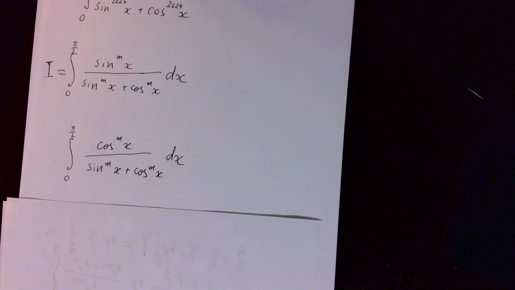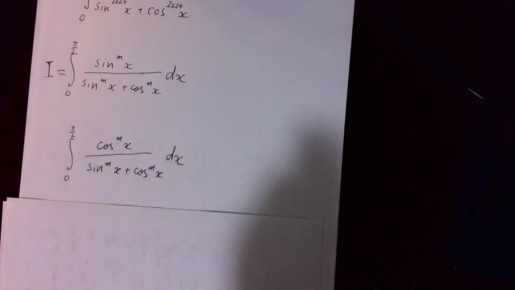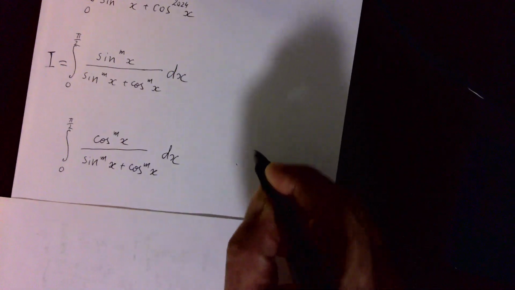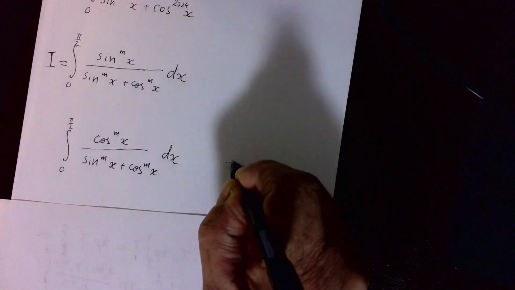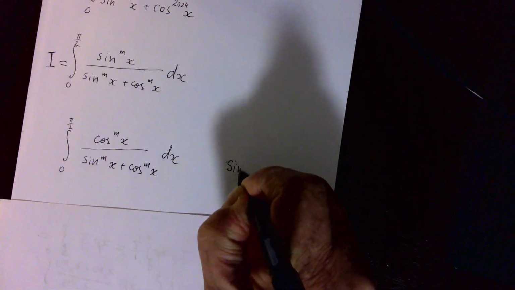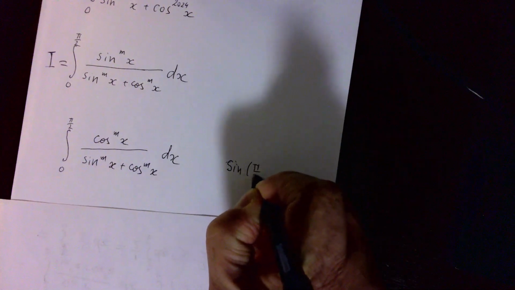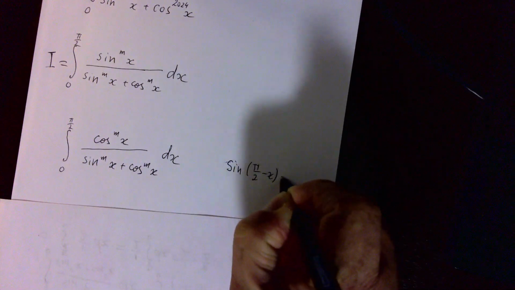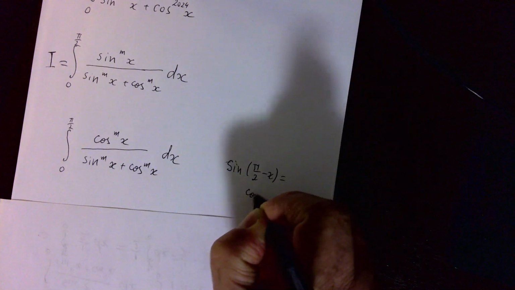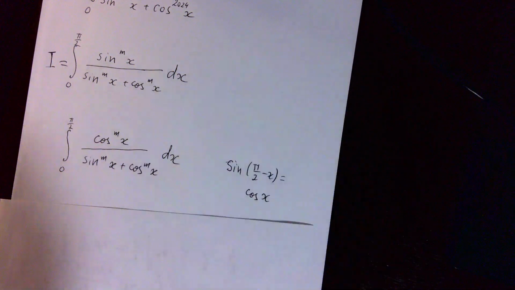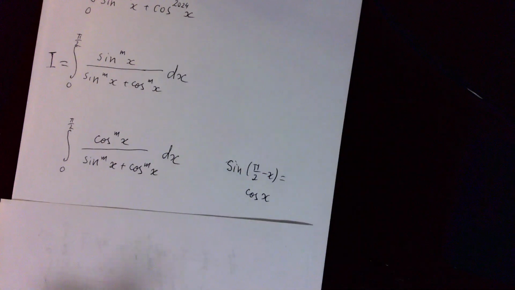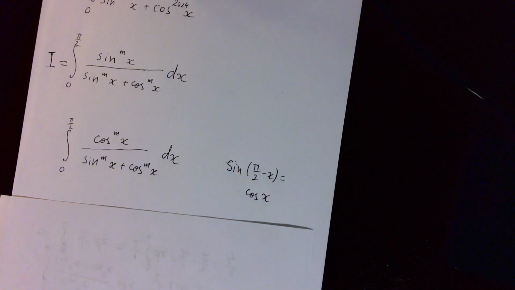We know that we can write this formula: sine of pi over 2 minus x is the same as cosine of x. A standard formula learned from the very beginning when you started to study trigonometric functions.